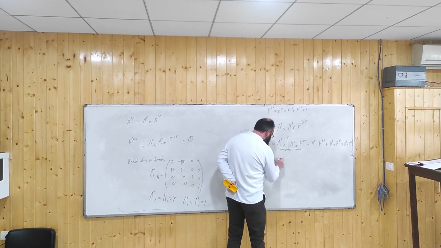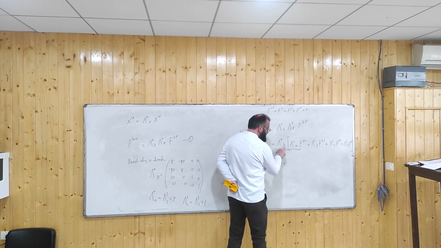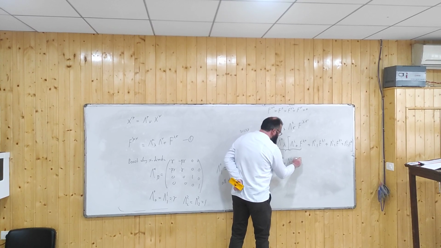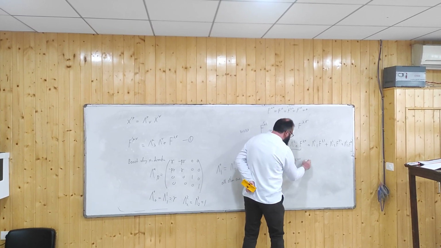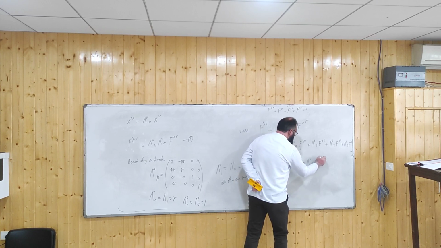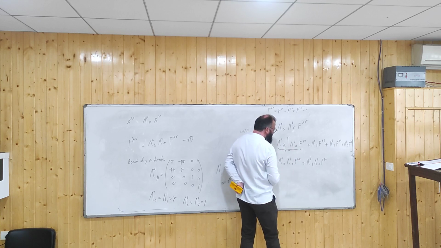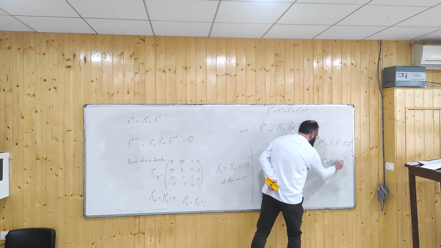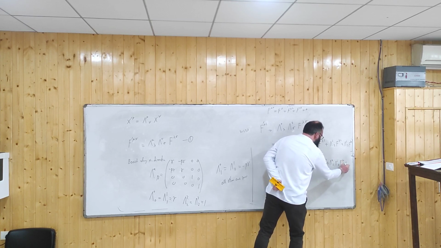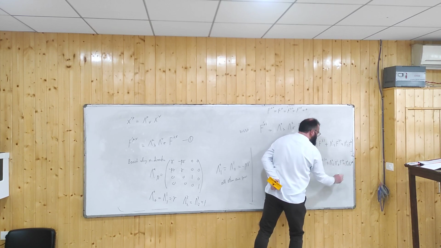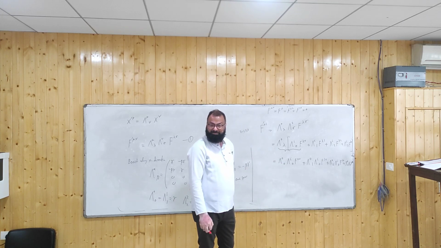So it is lambda 0 0, lambda i 0, f0 0. Then I am having lambda 0 1, lambda i 0, f1 0, plus lambda 0 2, lambda i 0, f2 0, plus lambda 0 3, lambda i 0, f3 0. Clear? So the 4 terms from the first term.